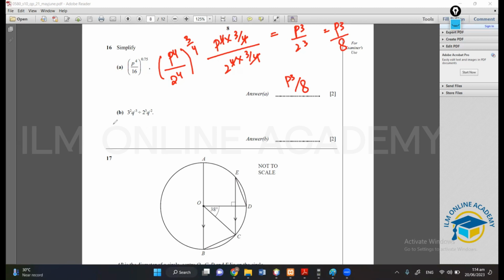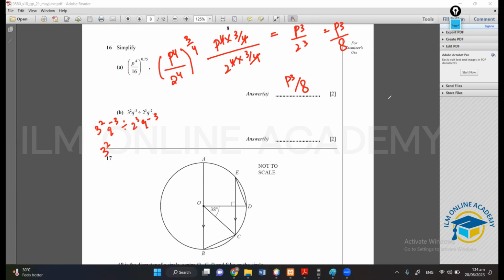Now the second question is 3 squared, cube power minus 3, divided by 2 cubed, cube power minus 2. Let's write it like this.